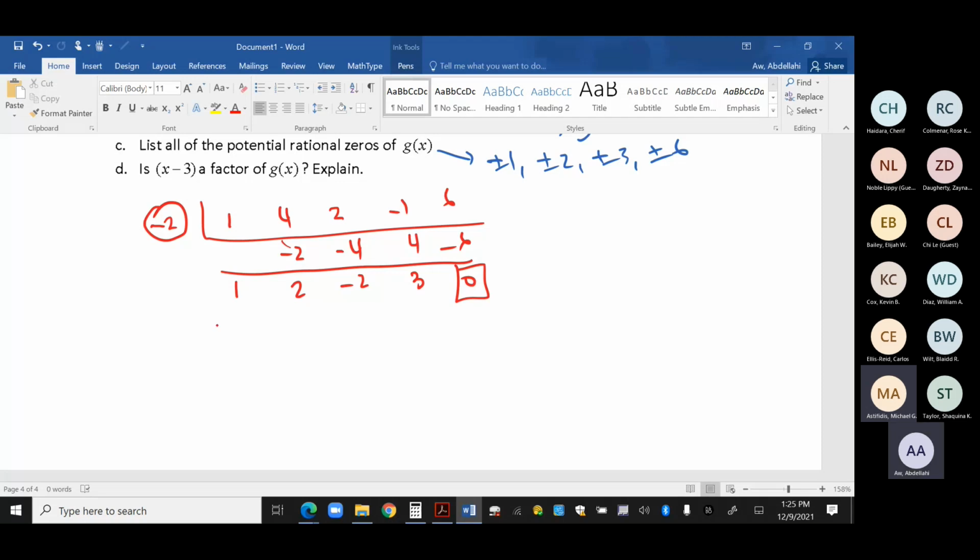Is it guaranteed to find all the real zeros by just checking the PRZs? Is that a guarantee? No. Exactly. Thank you very much. If the square root of 3 is a 0, can you find the square root of 3 by checking the PRZs? No, you cannot, because the square root of 3 is not a rational number, right? You see, in the test, some of you just kept checking all these numbers.